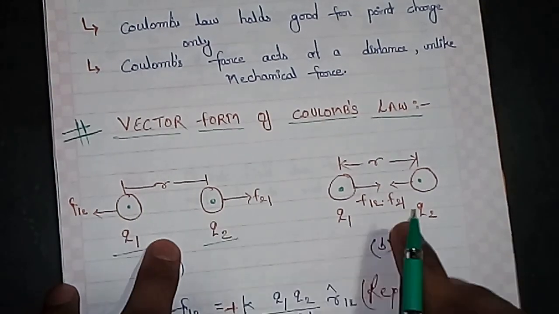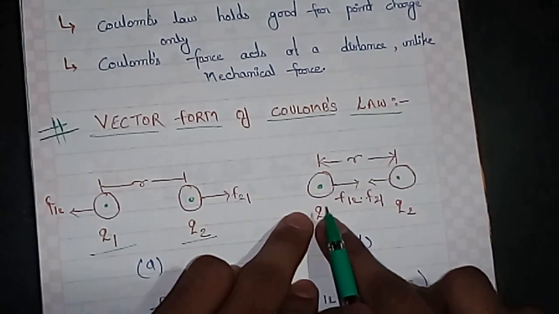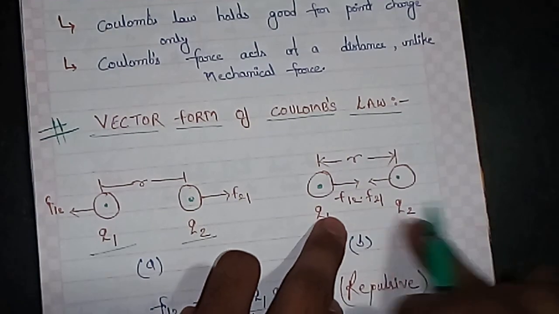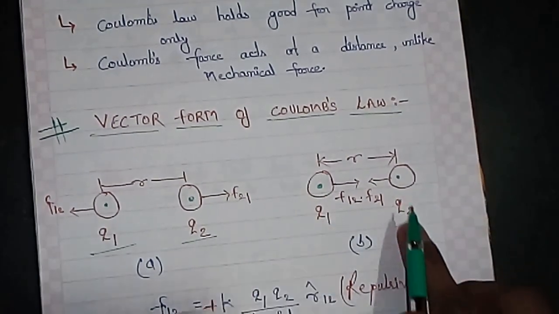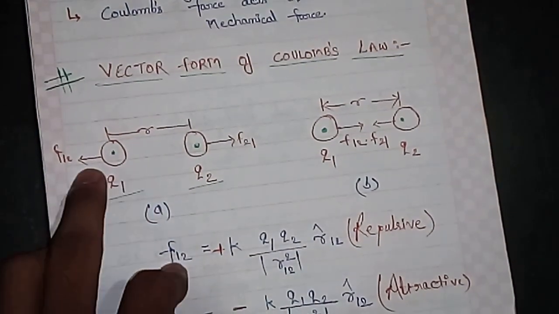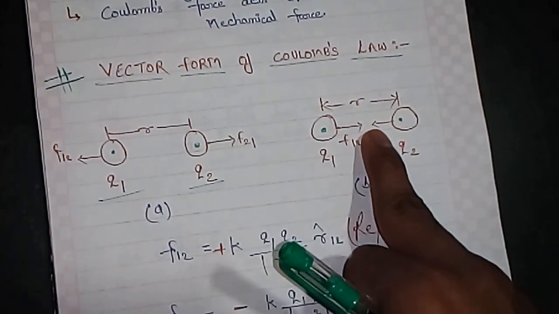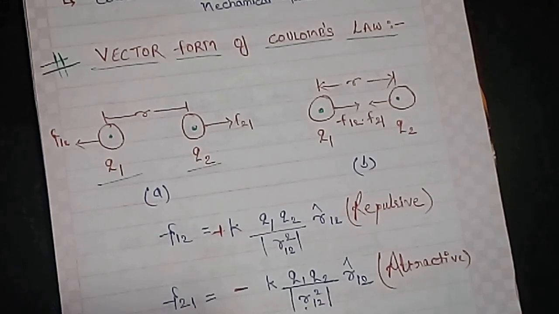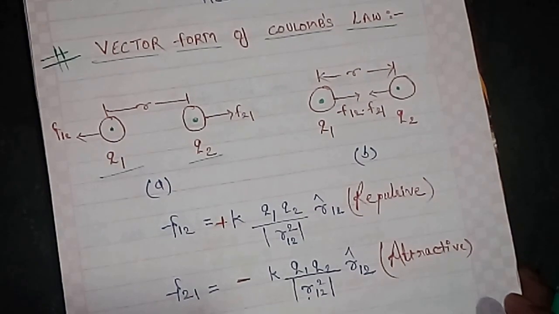Here also F12 denotes the force on q1 due to the charge q2, and F21 represents the force on q2 due to the charge q1. There are two types of force: in one the direction is opposite and in the other the direction is the same. Here the unit vector points from q1 to q2, so we denote that in mathematical form.